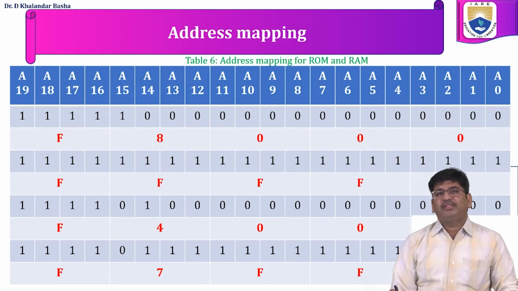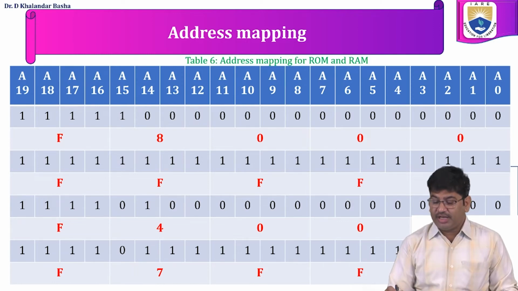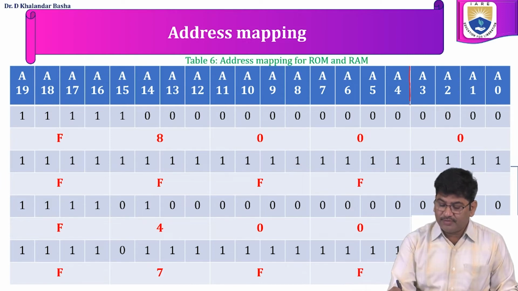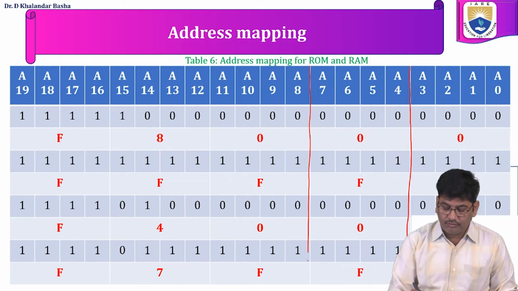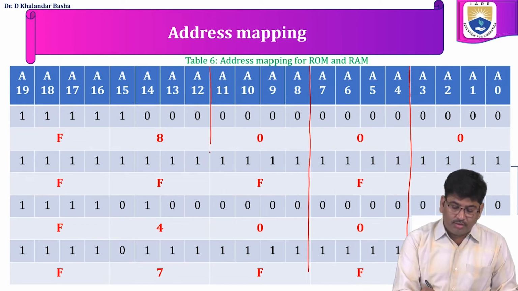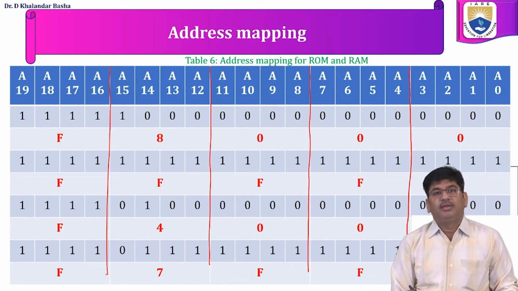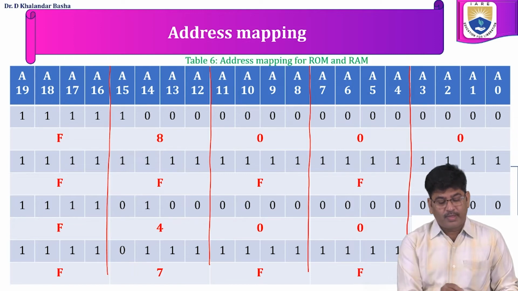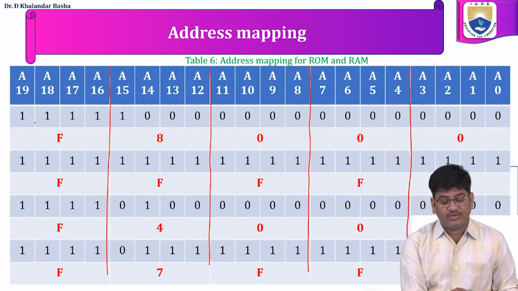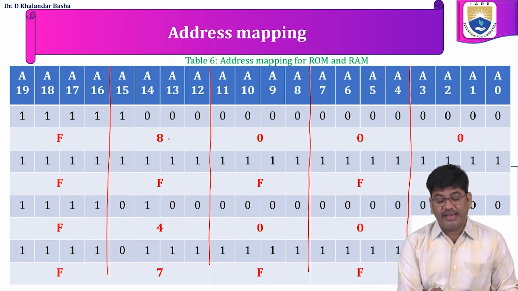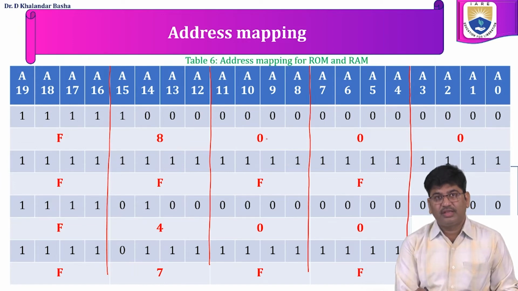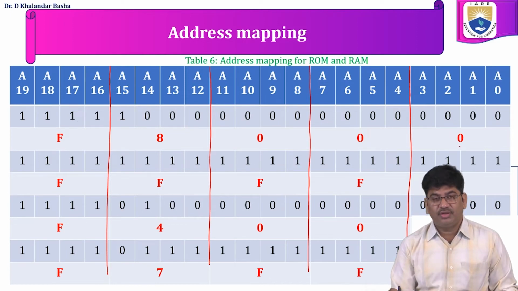Now this address space we will represent in hexadecimal by grouping 4 bits as one hex digit. The starting address, or minimum address, for ROM is given as 1111, which is F, 1000 as 8, 0000 0, 0000 0, 0000 0.